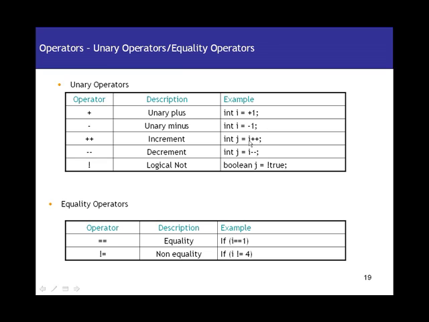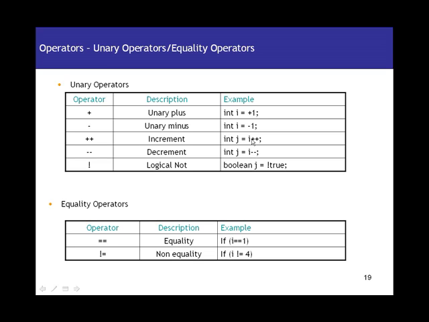So we have i plus plus here, and similarly we can also have plus plus i. So what's the difference between i plus plus and plus plus i? There is one small difference between them. If in this example the value of i is 4 previously, and you assign the value of j to i plus plus, when you say i plus plus, it first assigns the value of i to j, and then it increments the value of i.